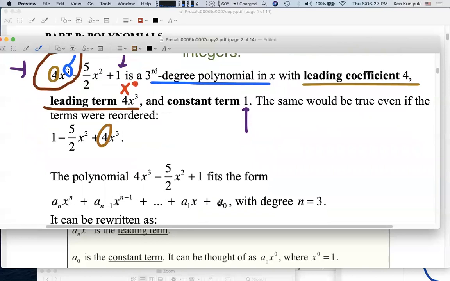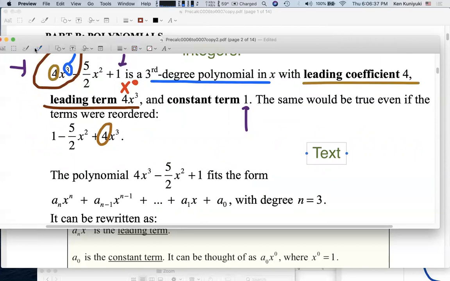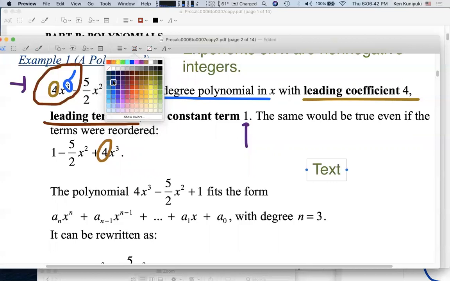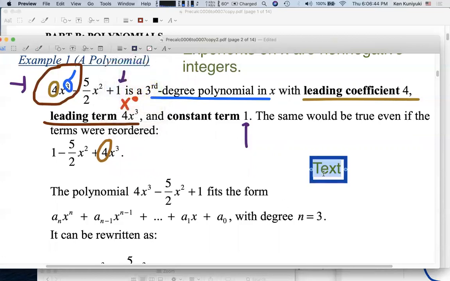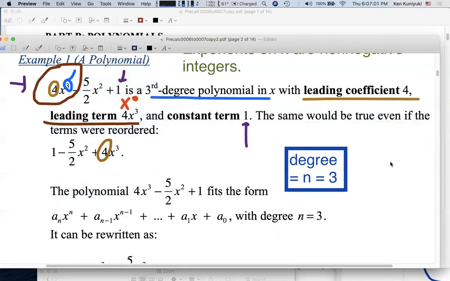The polynomial fits this ugly form here, where n is the degree. I'm doing this bit by bit. The degree up here was 3. Degree equals n, which is 3 in our example.